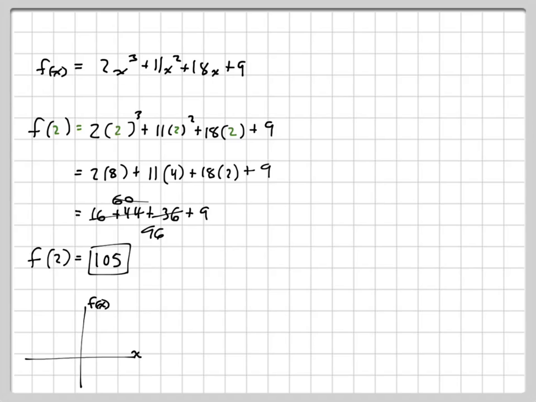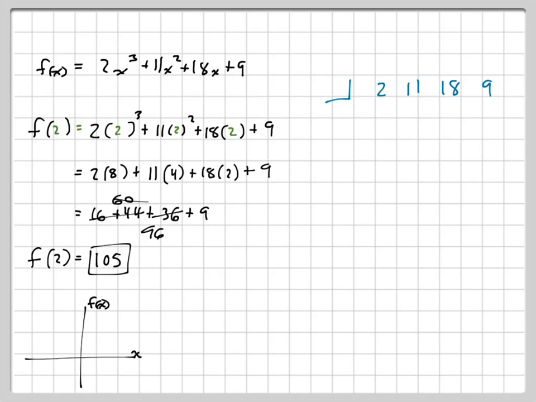Now the remainder theorem says that if you use synthetic division and you plug in a 2, your remainder will be 105. So what does that look like? Well, let's set up the synthetic division. First we have 2, then we have 11, 18, and 9.